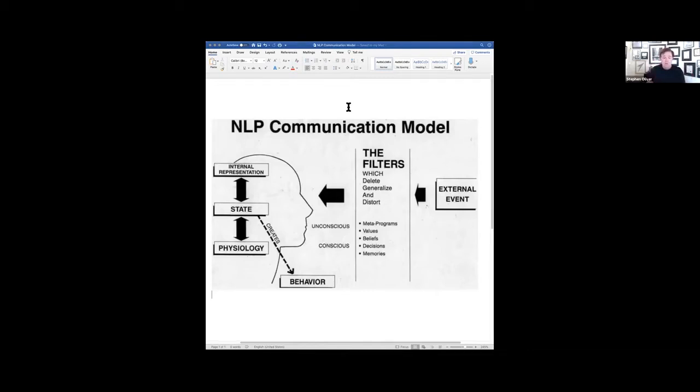Their early books were horribly written, with arcane titles like The Structure of Magic. But what they really were about is modeling people who got really good results working with other human beings, both from a hypnotherapy standpoint and from a family therapy standpoint.